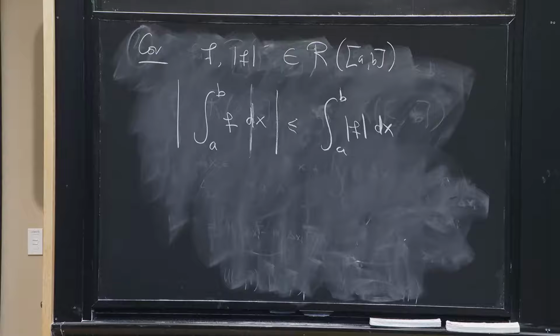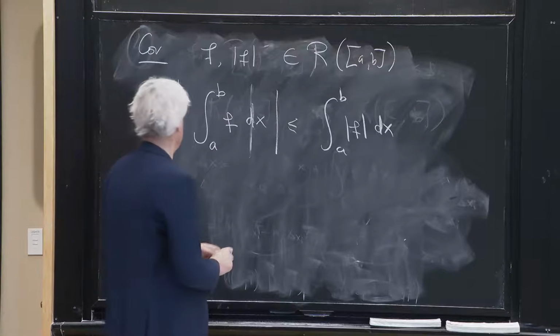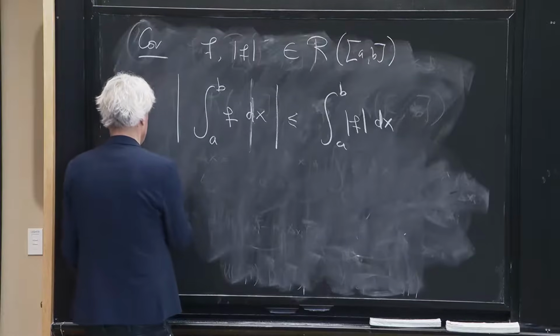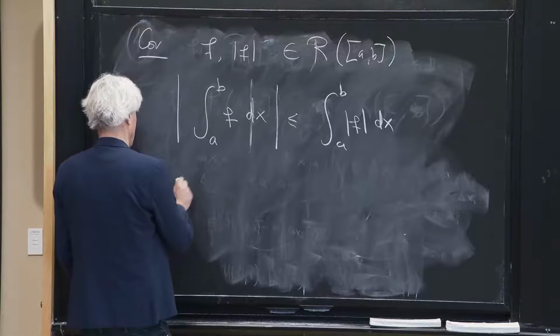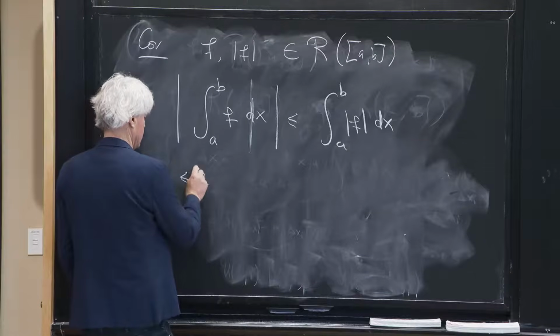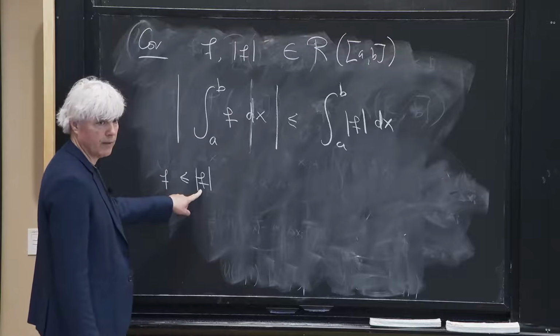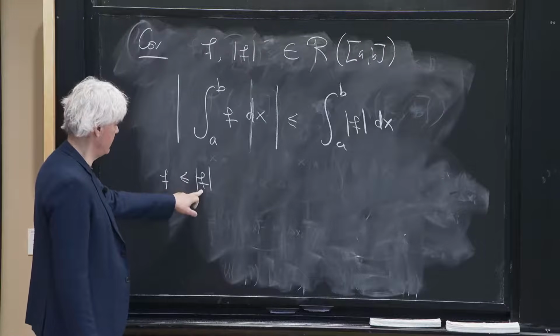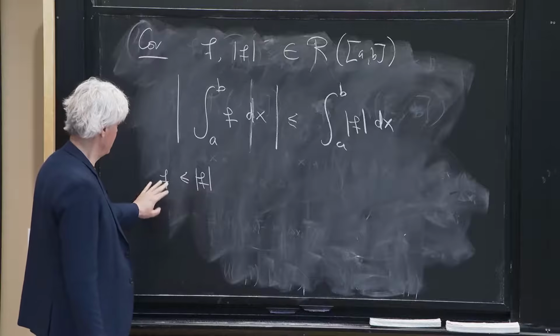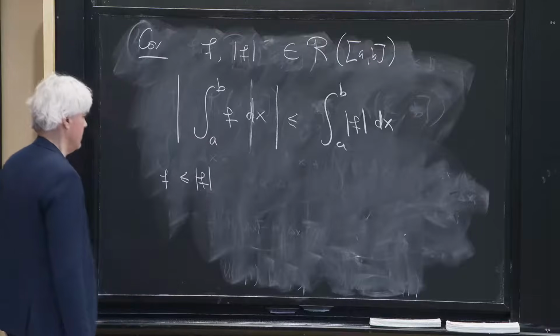I'm already assuming that everything is Riemann integrable, so I don't need to prove anything like that. I just need to establish this inequality. And so to do that, I'm just looking at f. Well, f is less or equal to the absolute value. If f is positive, it's equal to the absolute value. If it's negative, the absolute value is non-negative anyway. So this is clear, clearly for all x.